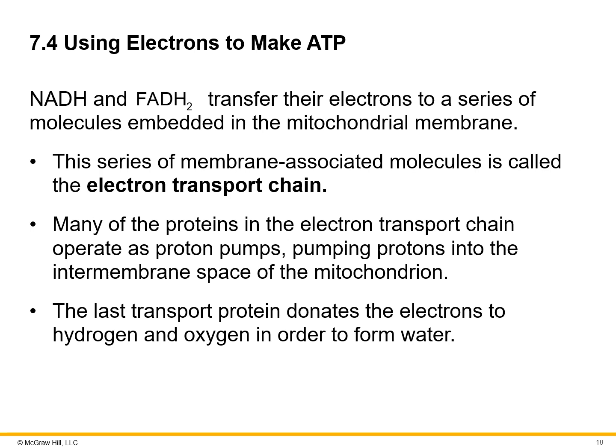So NADH and FADH2 transfer their electrons to a series of reactions in the mitochondrial membrane. And this is why it's folded, because it allows more electron transport chains to be added. That series of molecules is referred to as the electron transport chain.